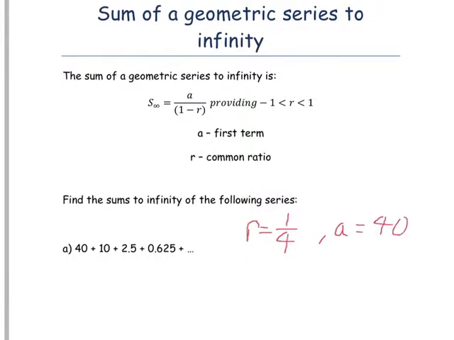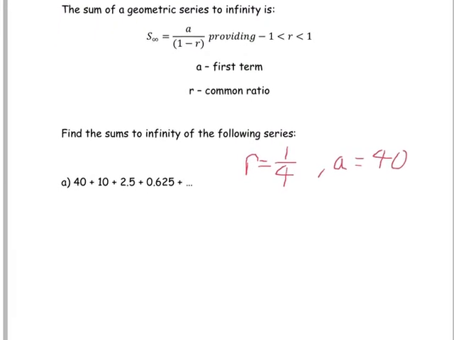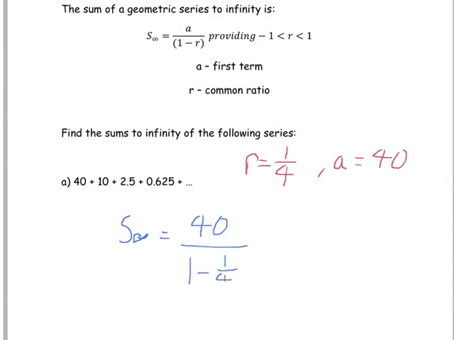Now all we have to do is substitute these values into the equation. The sum to infinity is equal to a divided by 1 minus the value of r. So it is equal to 40 divided by 1 minus a quarter.